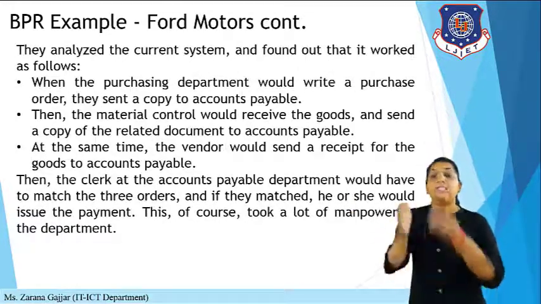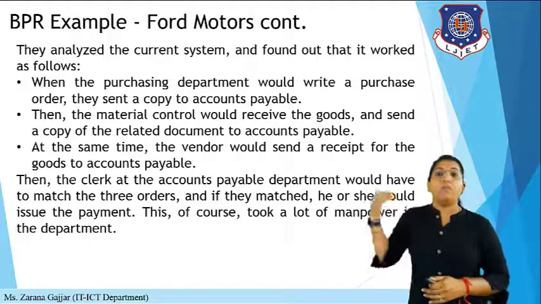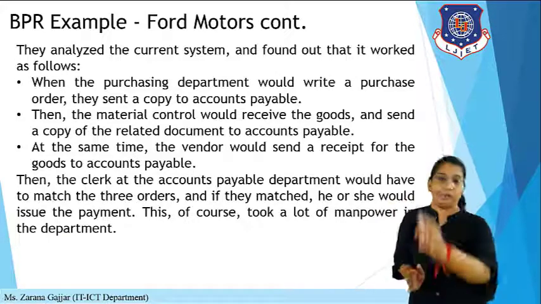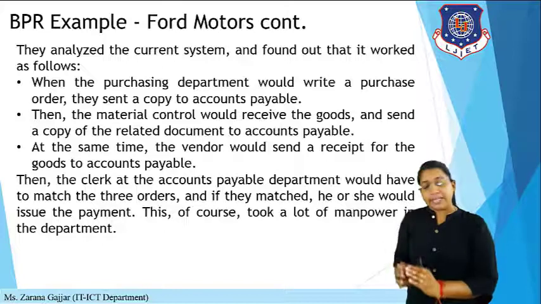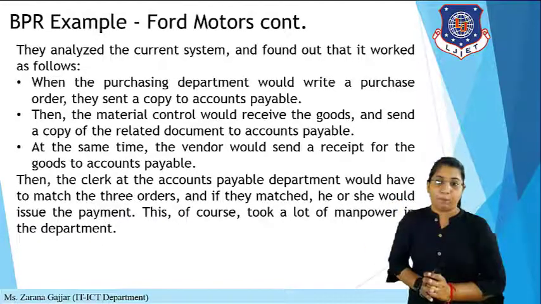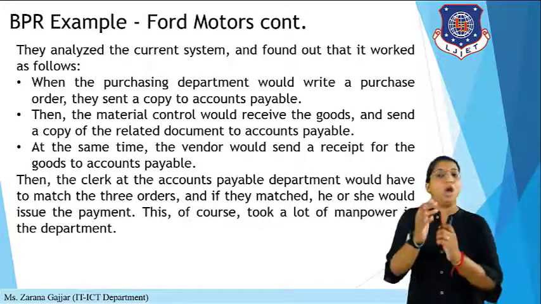They analyzed the current system and found it worked as follows. When the purchasing department would write a purchase order, they sent a copy to accounts payable. Then material control would receive the goods and send a related document to accounts payable, and at the same time the vendors would send a receipt for the goods to accounts payable.